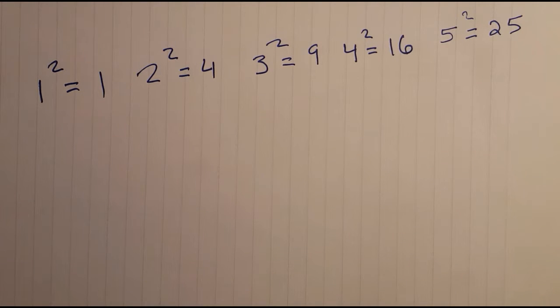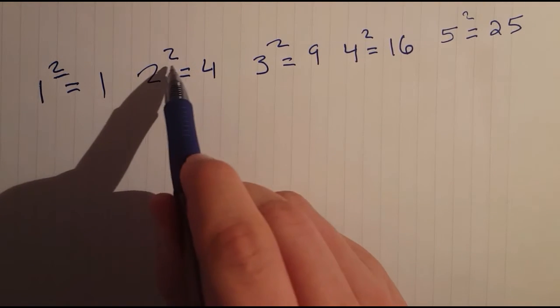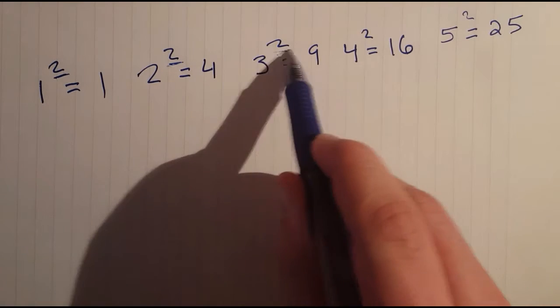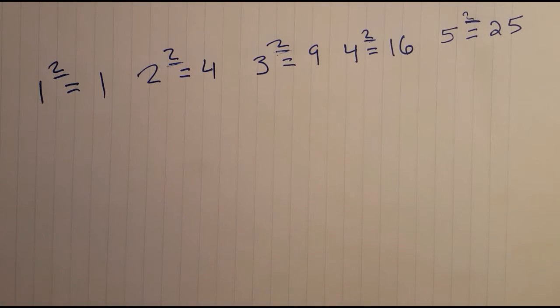Think of this as a kind of shorthand for multiplying a number by itself, designated by the number on the top shown right here. And the 2 is representative of how many times a number will be multiplied by itself.